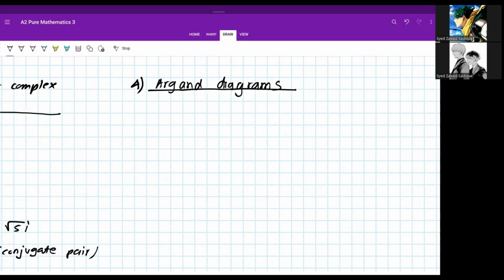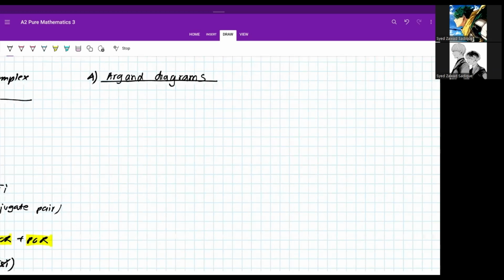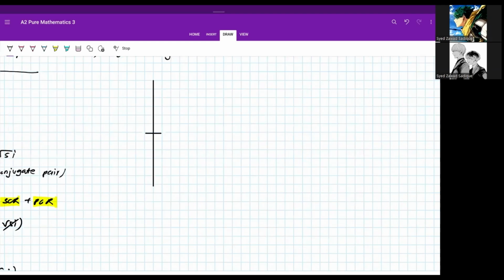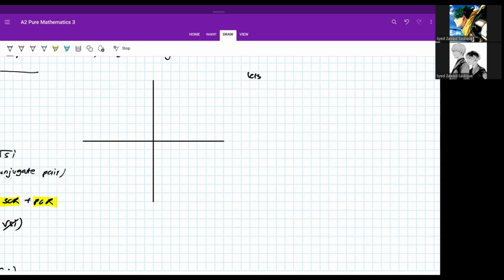Now for Argand diagrams, let's actually draw a graph. Let's say z is equal to 3 plus 4i.